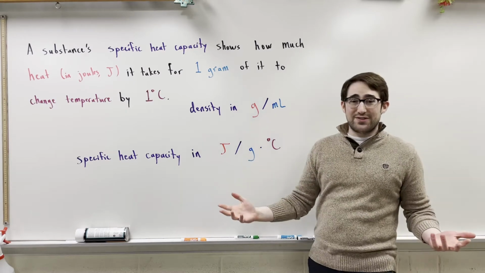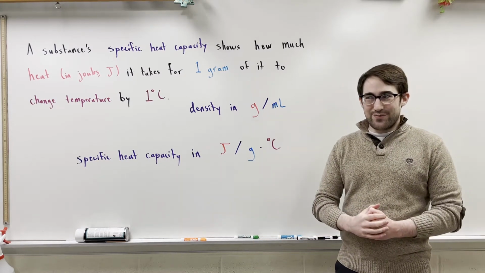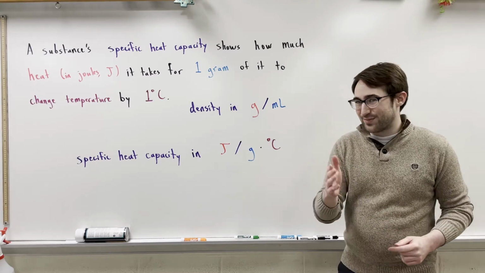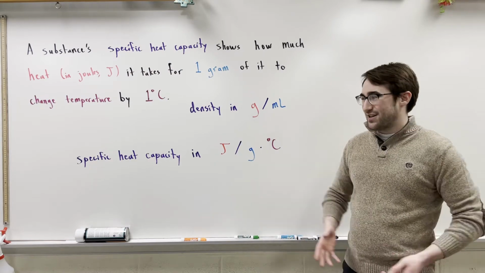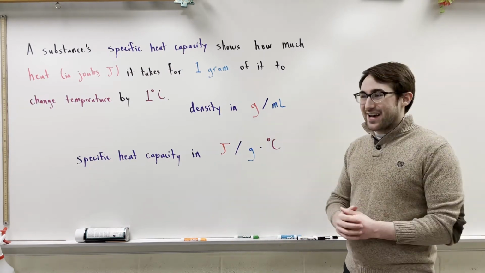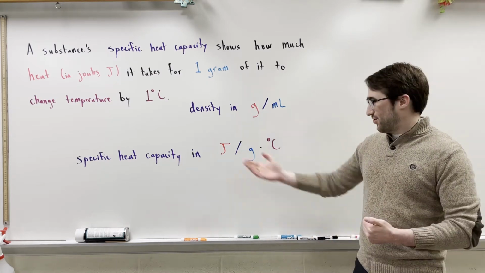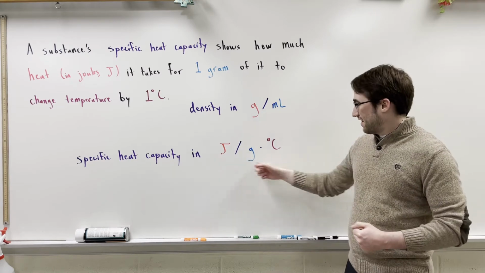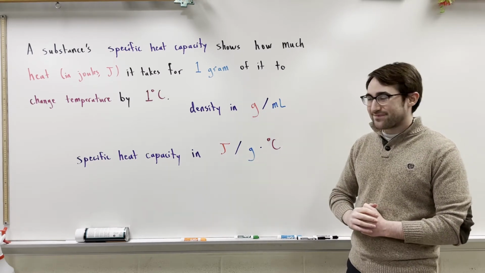You can look up the specific heat capacity of whatever material you're using. So unless part of the problem is to figure out what the specific heat capacity is, you can just go find out the specific heat capacity of iron, of graphite, of silicon, of neon, of whatever substance you're dealing with, and you can find that number, how many joules of energy it takes to get your certain mass of stuff to change its temperature by oh so much.